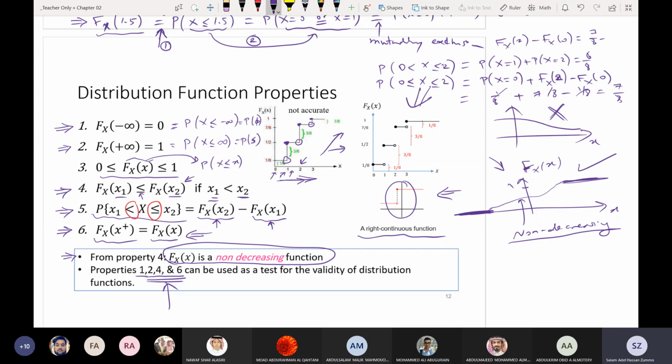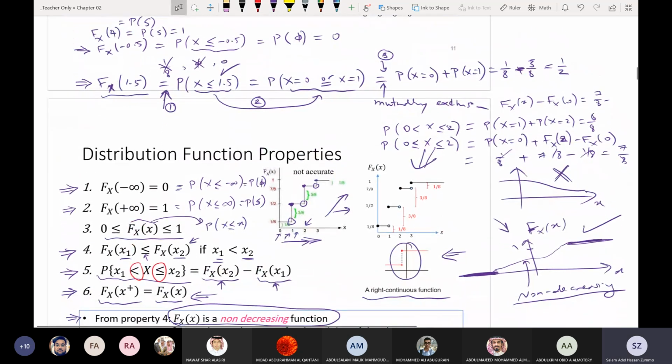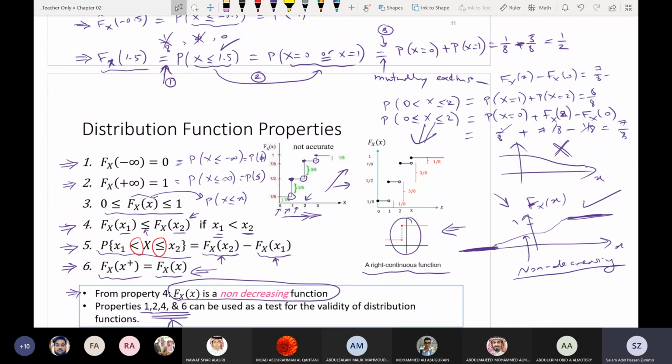Am I missing something, Isabel? About the first one. إيش هي؟ Where x is between 2 less than or equal to and bigger than 0. Yeah.